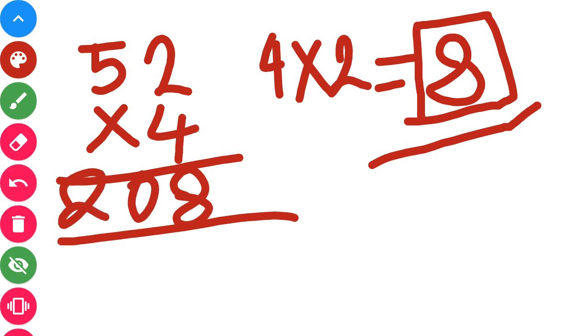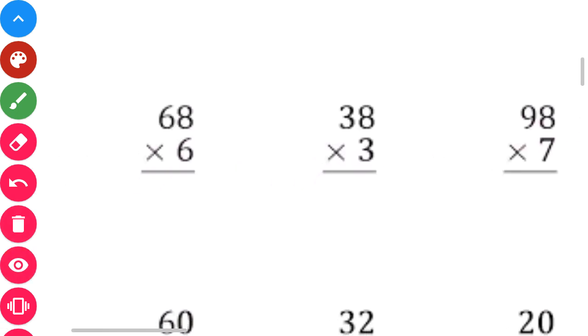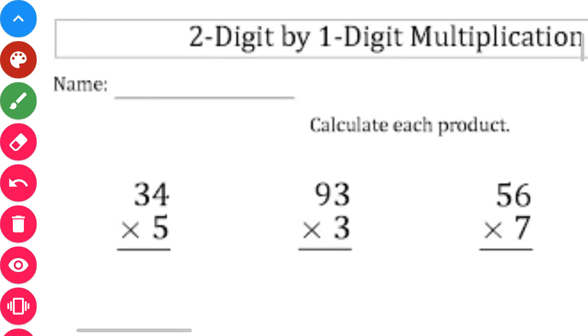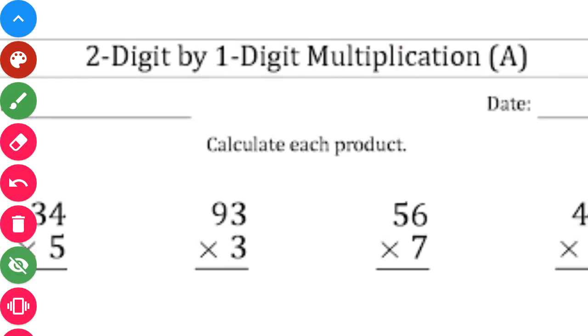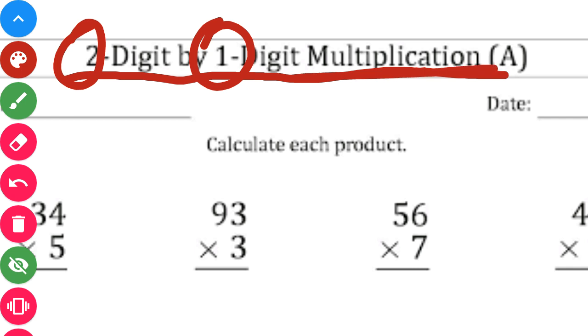Okay. Now kids, moving toward our worksheets. Let us do a worksheet. Okay. Some questions I will explain to you and some questions you will do. Okay. Great. Let us do. 2 digit by 1 digit multiplication.